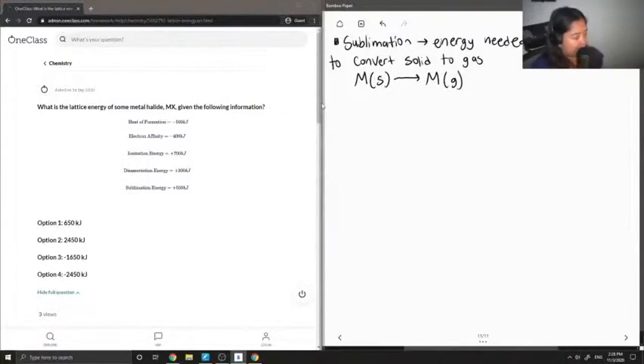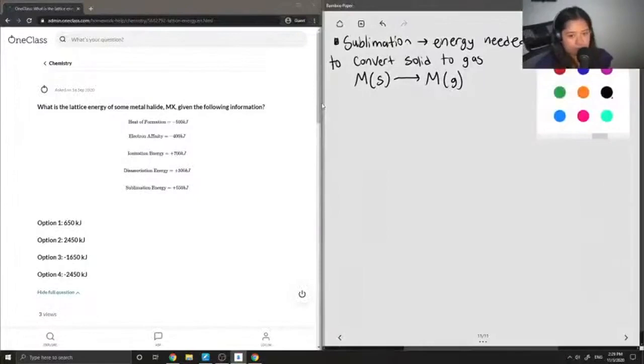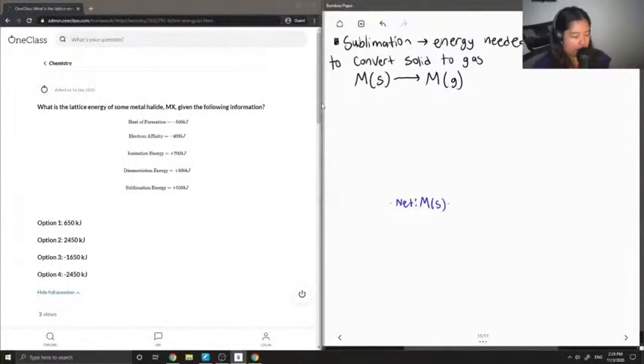So now that I wrote out all of the different steps, I can make this into a Born-Haber cycle. Again, let's recall that our net reaction is our metal solid coming together with our halide gas to form a metal halide as a solid.